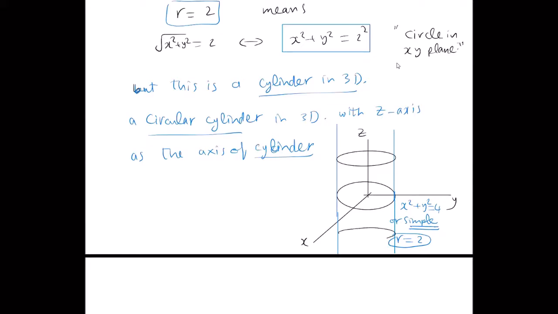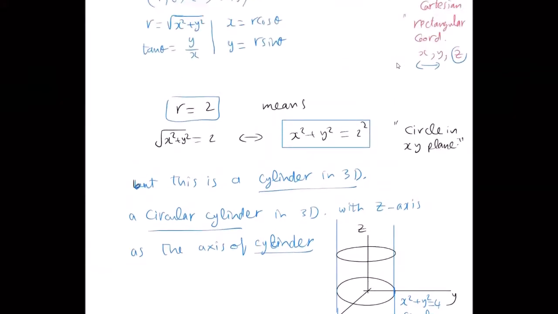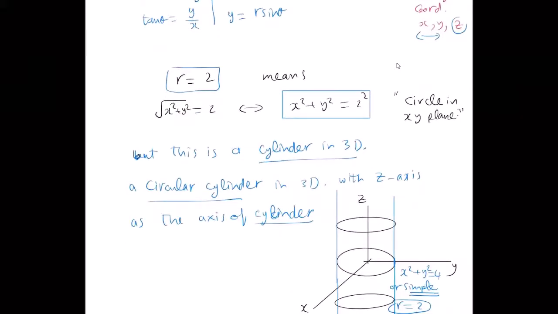You cut it at a circle, the same circle with the same radius, parallel to x squared plus y squared equals 4, we already know. So why do we call this cylindrical coordinates? Because this simple equation r equals 2 represents a cylinder in space. That's it.